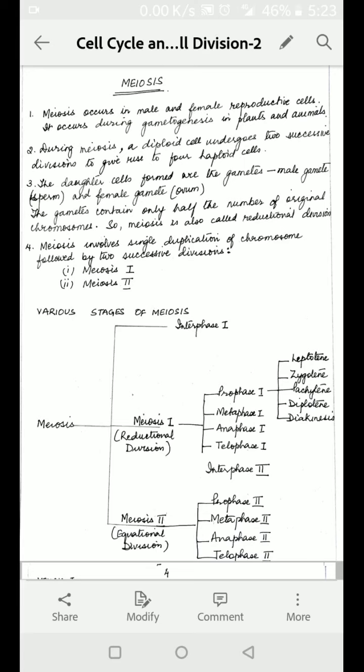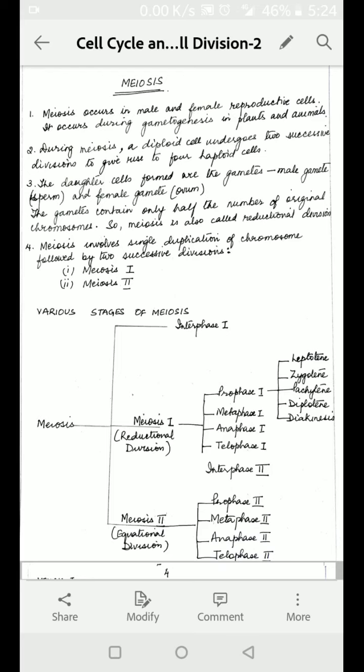To explain this, all sexually reproducing organisms have body cells, the somatic cells, containing a diploid number of chromosomes, and it's only the gametes that contain the haploid number of chromosomes.